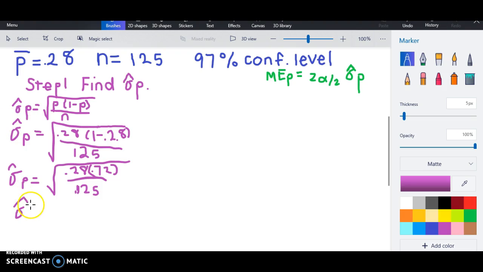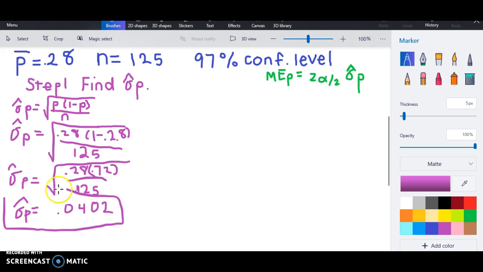And if you're not sure what to round to, look at the view an example option, and it will show you what to round to. So 0.0402. That is the standard error of the proportion.